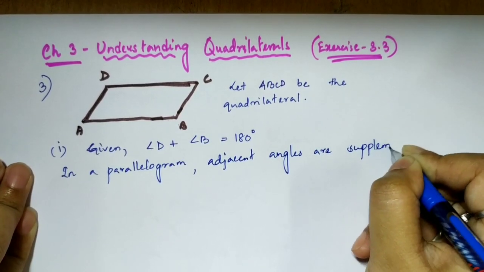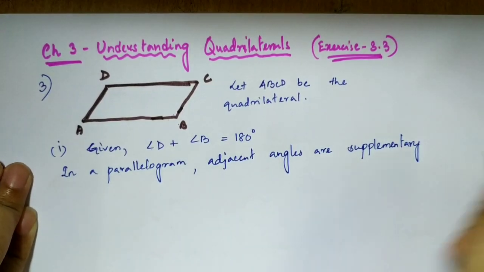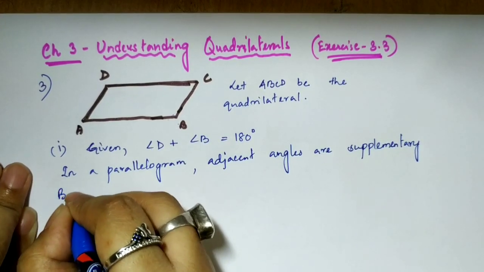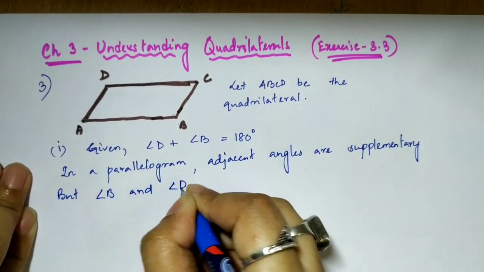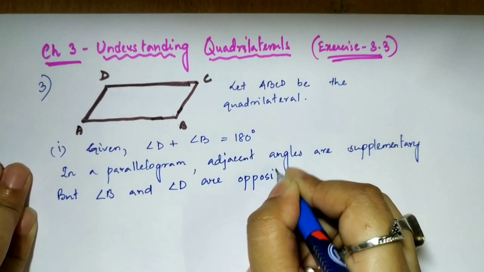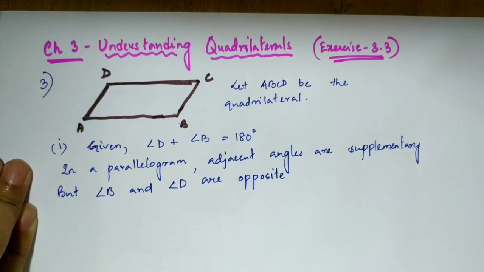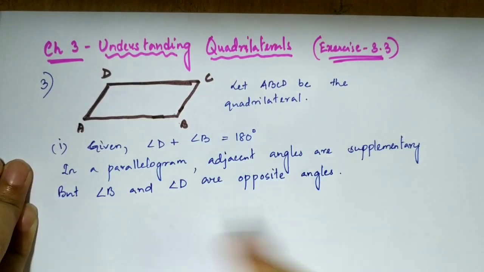That is our important condition, that they have to be supplementary, but angle B and angle D are not adjacent, they are opposite angles.